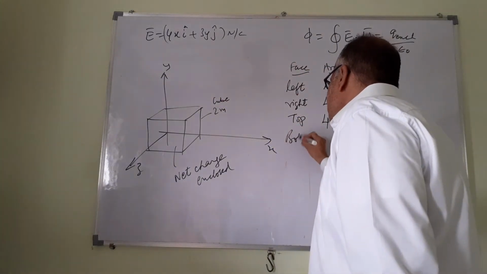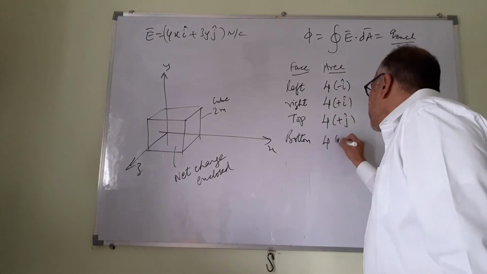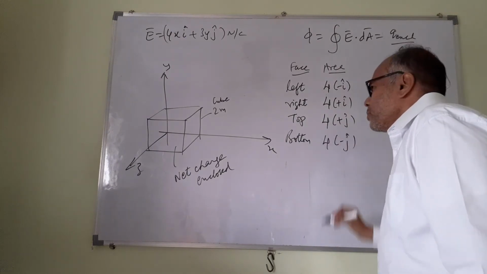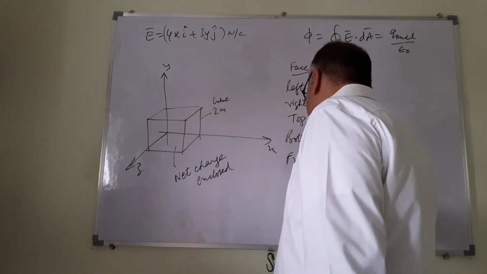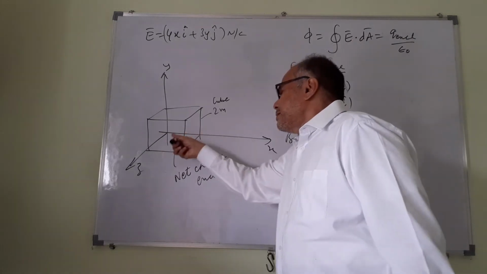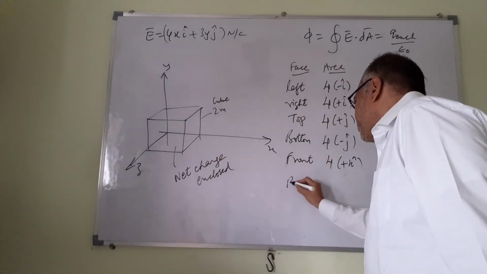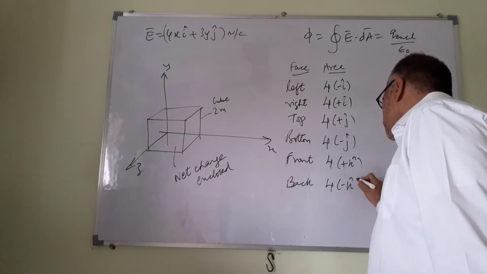The bottom face would be 4 into minus j. The front face would be 4 into plus k, because along the z axis. And the back face would be 4 into minus k.